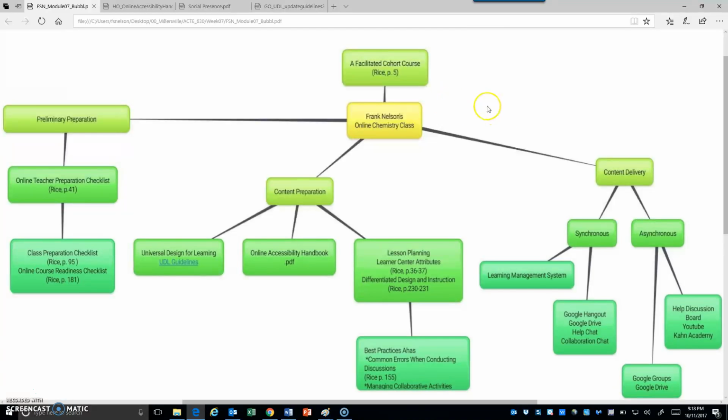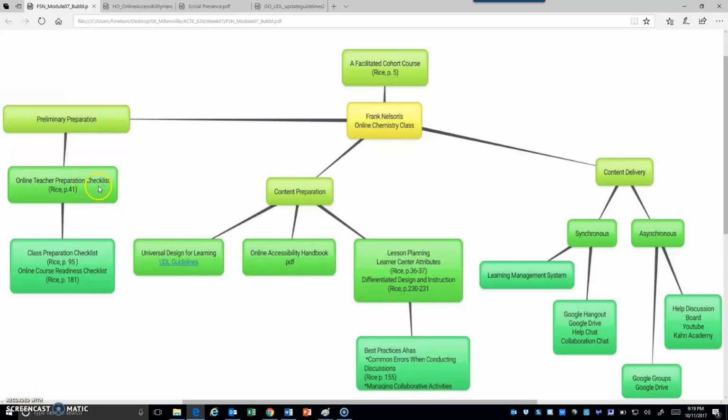Before we get into content and what students would do, in order to create a class like this, I found that the Rice text was very helpful and did a really good job of preparing checklists and parting out the process of doing tasks that would have to be done, both preparing for a class and also during presenting the class, assessing the class, all those kinds of things.